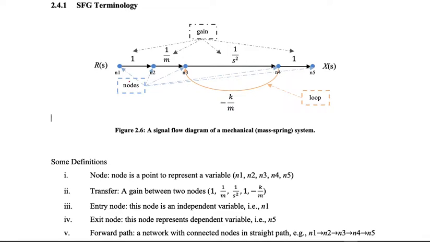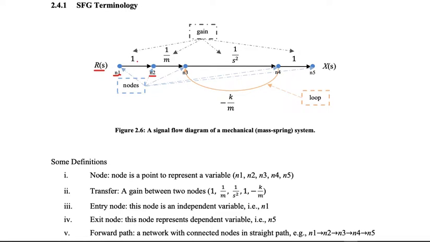A variable in this sense is a signal, how much the signal has changed from one point to another. For example, node 1 carries the signal that comes from RS, and once it reaches N2, it still carries the same signal RS.